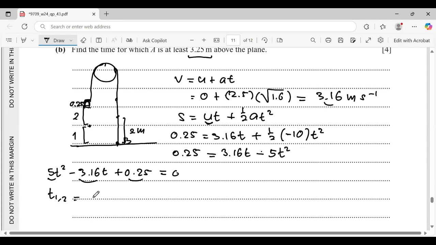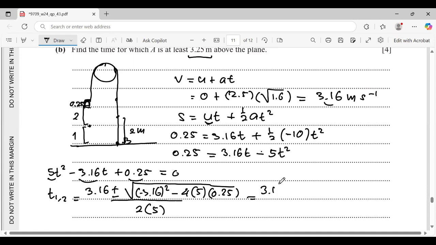To find t1 and t2, using the quadratic formula: 3.16 plus or minus the square root of 3.16 squared minus 4 times 5 times 0.25, divided by 2 times 5.